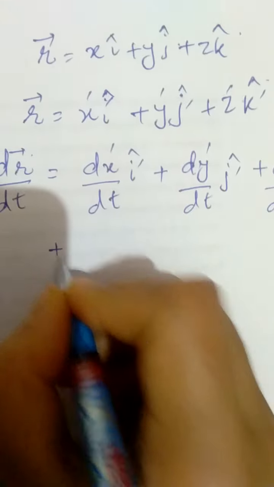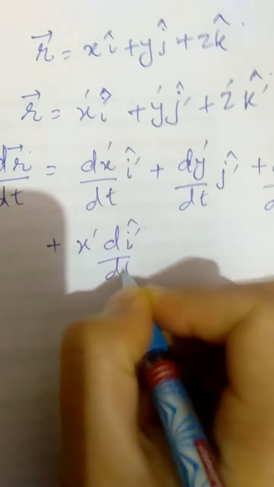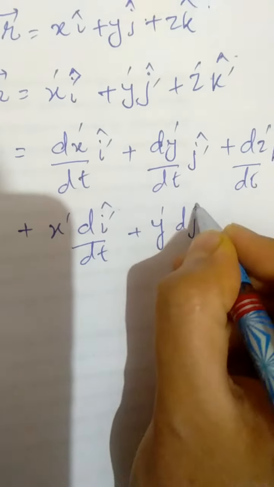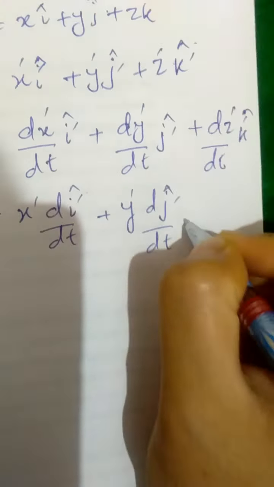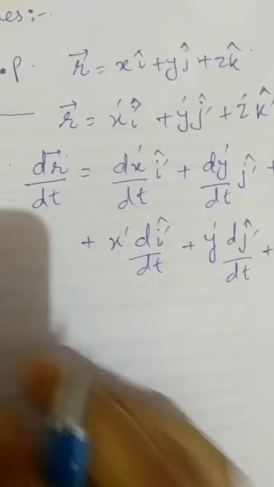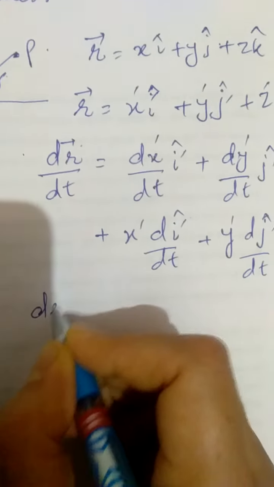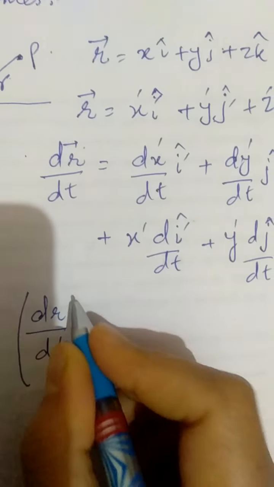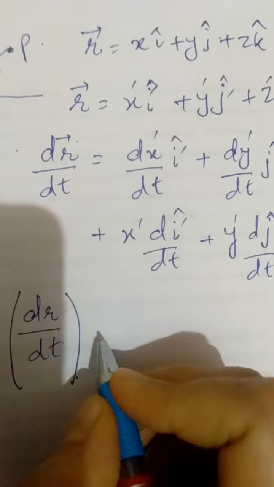So it will be x' times di' by dt plus y' times dj' by dt plus z' times dk' by dt, right? So this will be dr by dt, of course in a frame of reference which is rotating, right?